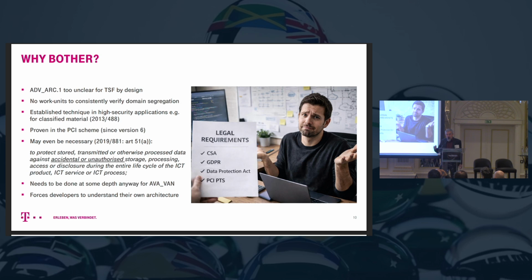It shows you where data is stored, transmitted, or otherwise processed, and if it can be attacked at this point. So especially for all this accidental, maybe unauthorized, but especially it reduces the point of accidental attacks.